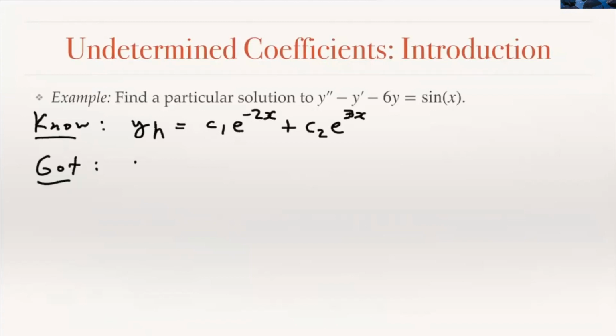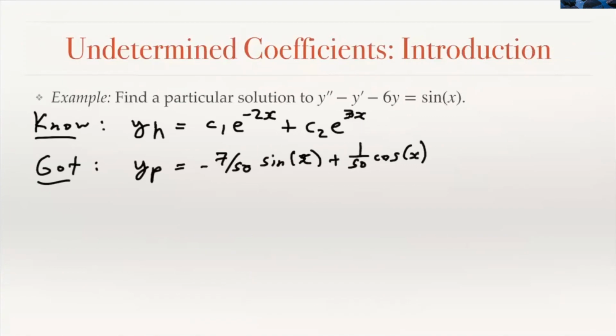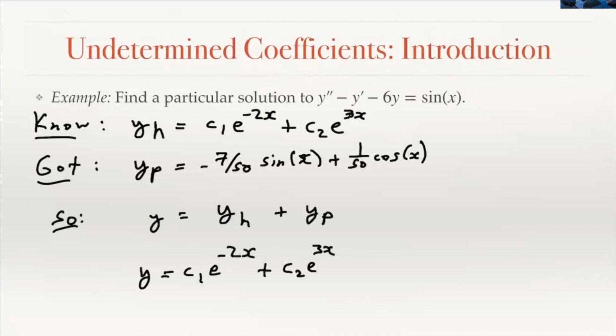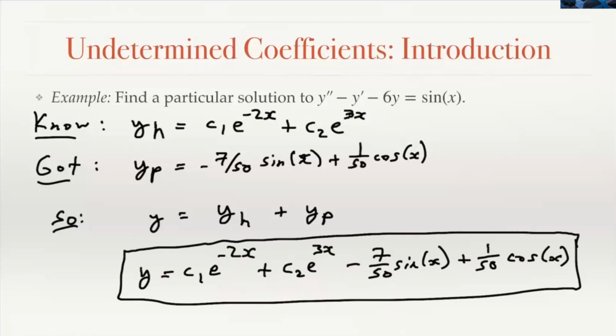So our general solution, which is y h plus y p, is just combining these two. There's our y h, and then plus y p is minus 7 over 50 sine x plus 1 over 50 cosine x. Yes, the problem only said to find the particular solution, but this just illustrates the general solution.